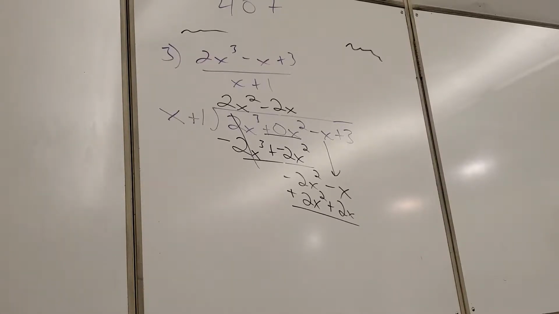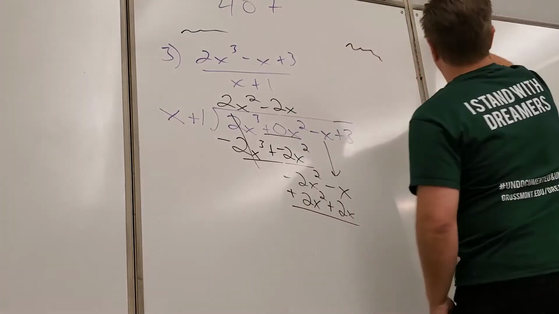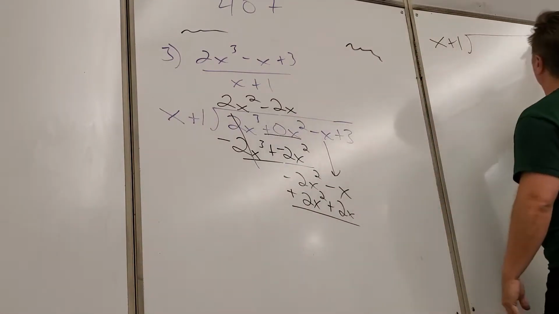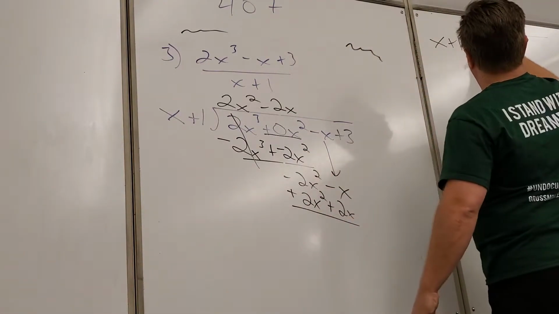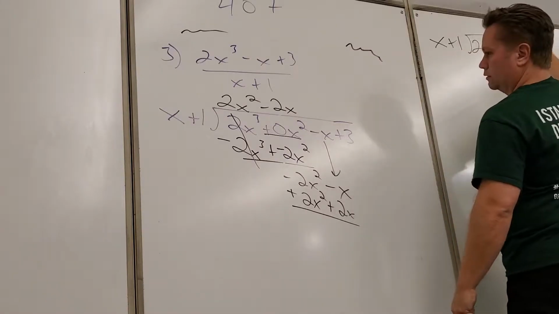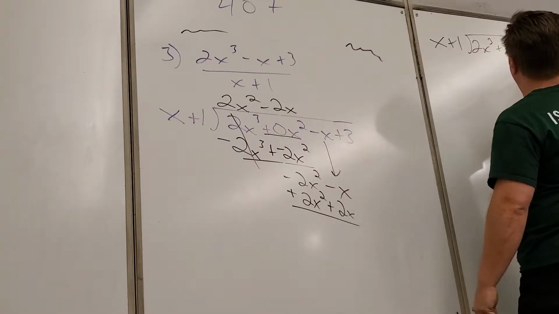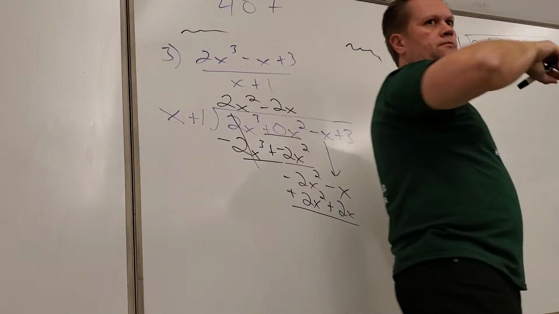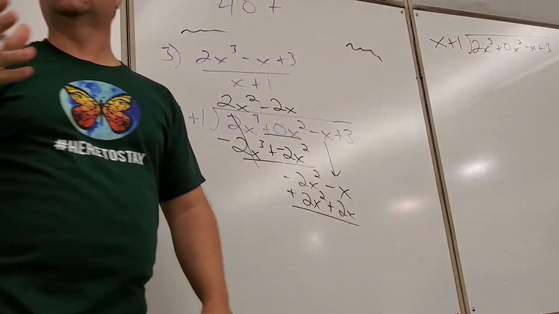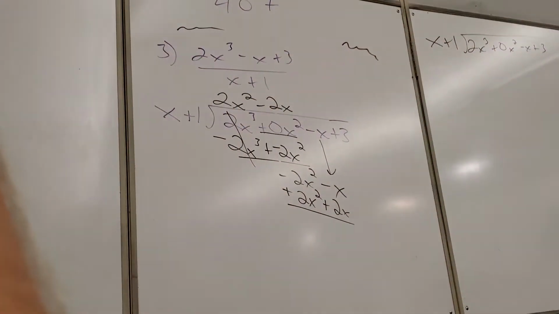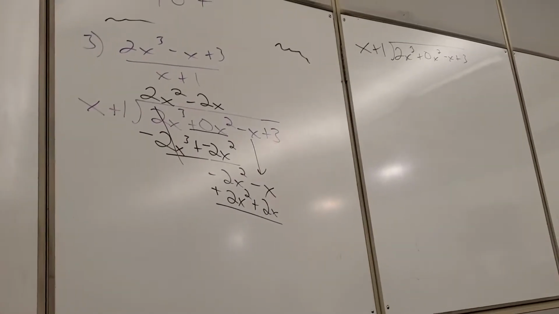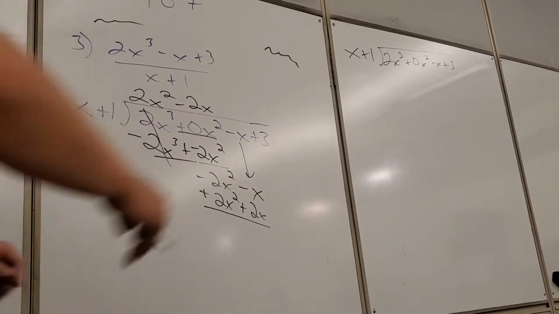Yes? Could you explain the beginning of the problem again? Okay. So, in the beginning, there was this. Which, are you cool with putting the 0x squared placeholder? Yeah. Right? And then you do basically the same thing we just did.